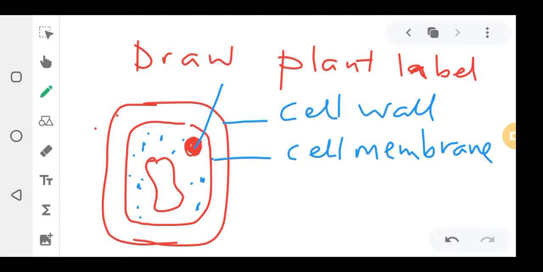And these ones that are like dots, around here inside, are called the chloroplasts.